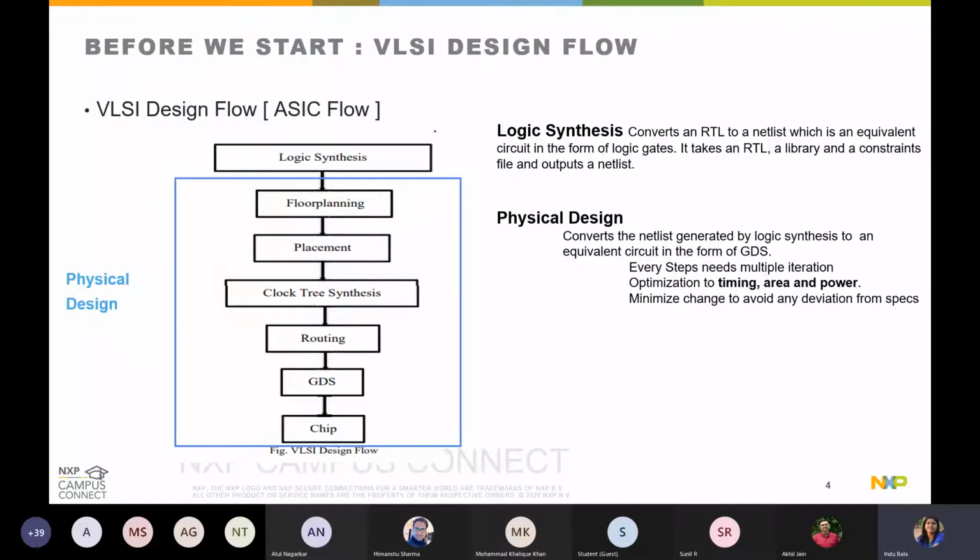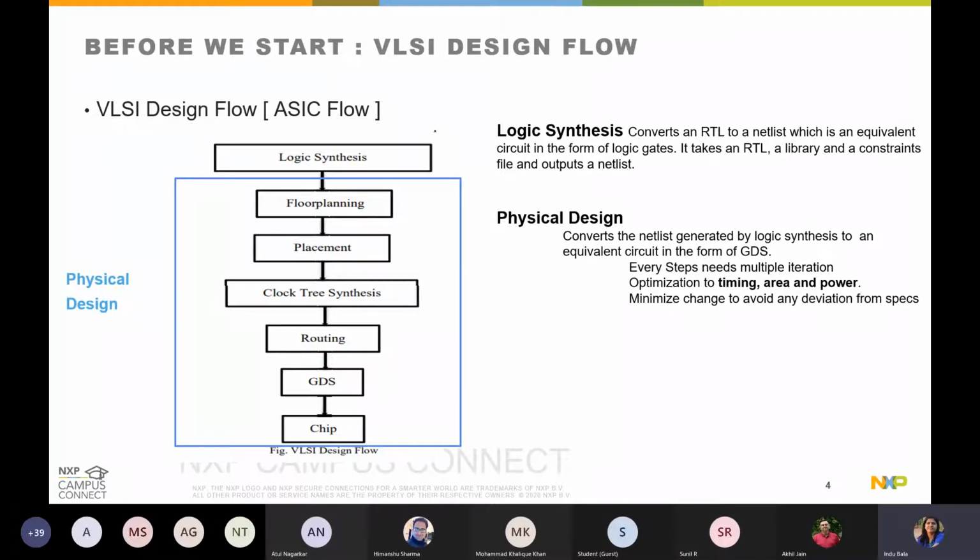Then from logic synthesis, we move to the physical design: floor planning, placement, clock tree synthesis, routing, GDS, and finally the chip tape out. At most of these stages, for different components, you need the PDK, because the PDK is basically your basic entity to start the design.